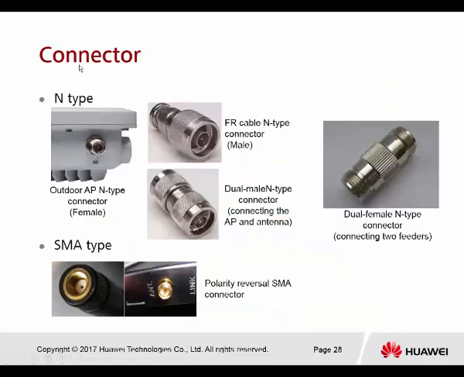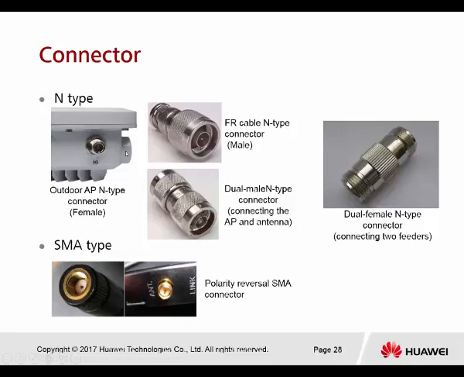Then the next is connectors. This is the N-type. The outdoor AP N-type connector will look like this. The next one, the RF cable N-type connector, is used to connect to the RF cable, like the cable just now. The dual male N-type connector is used for connecting the AP and the antenna.